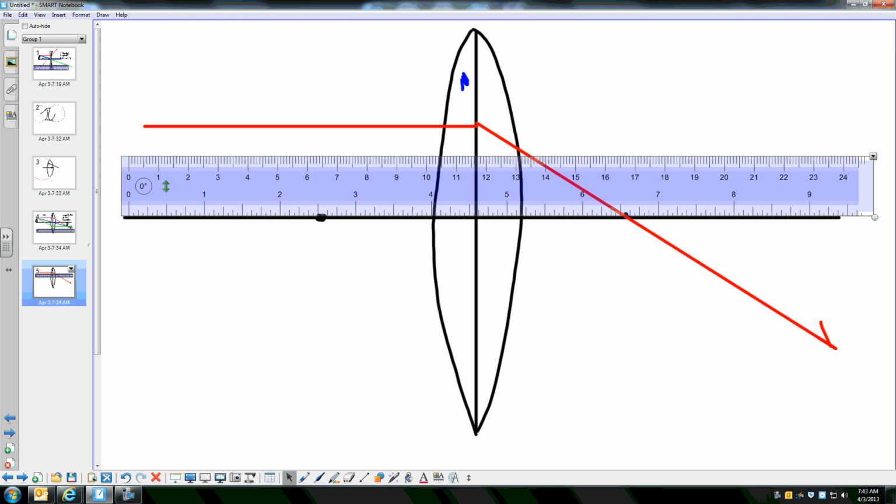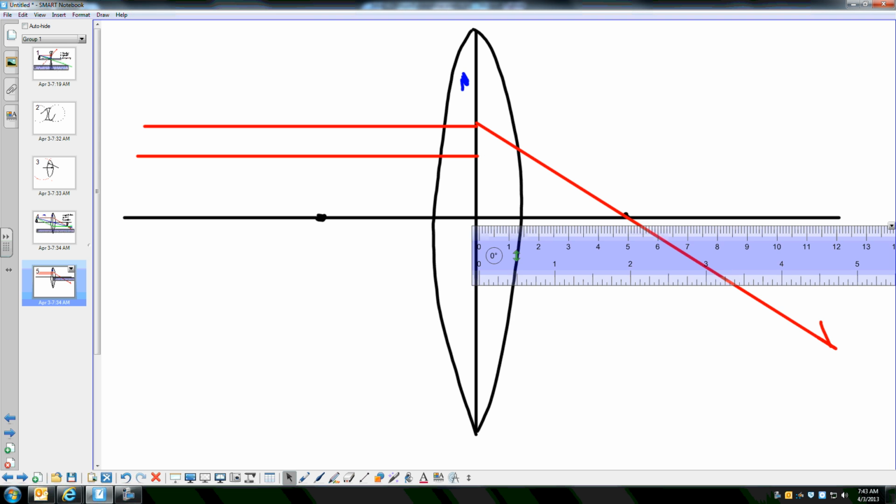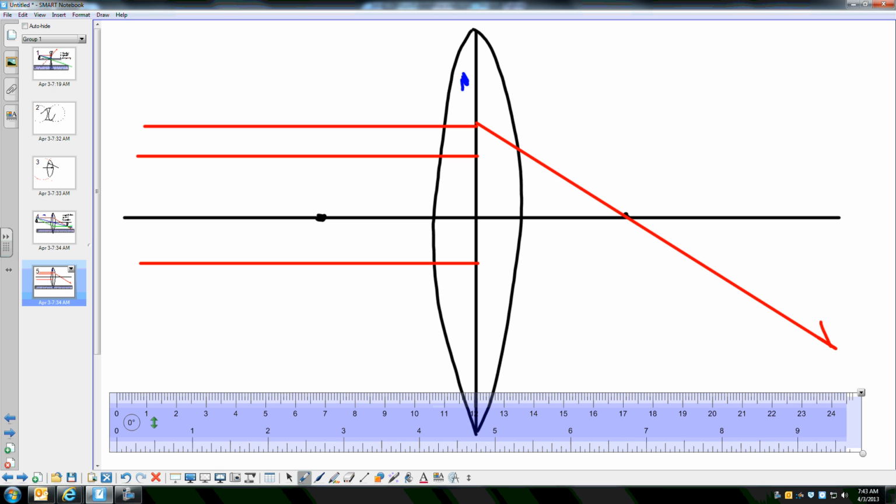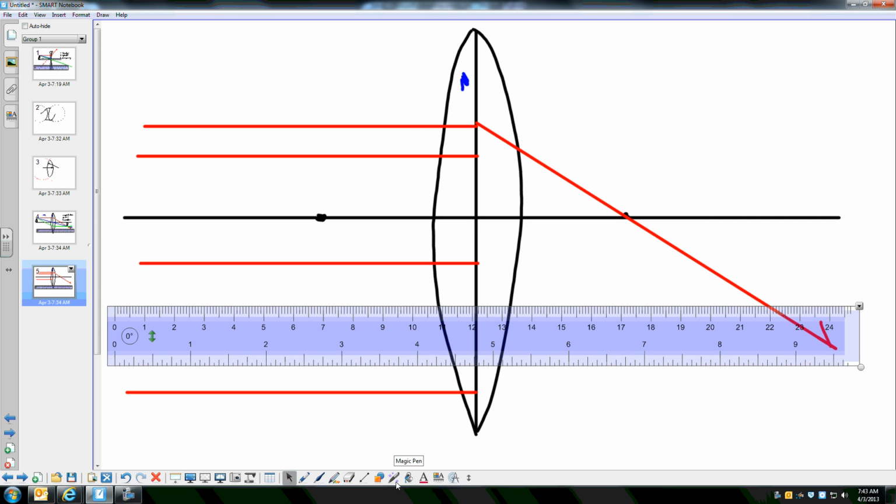All right. It doesn't matter where the light comes in. This is how sunlight looks. I'm going to draw a couple more. It's always red, yeah, it's sun. I can even go beyond the lens. It doesn't matter.